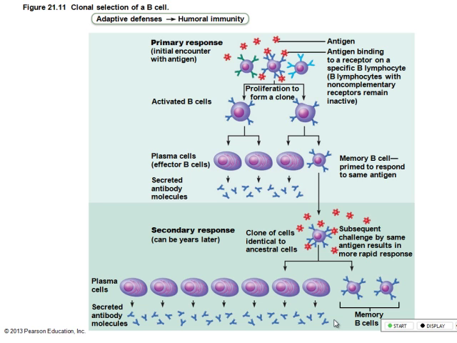So remember how I only had one in every lymph node before? At the end of this, I'm going to have 20 in every lymph node. The next time antigen comes to invade, now instead of just one, I have what? 20. I have a big, huge army that can fight off this foreign substance.